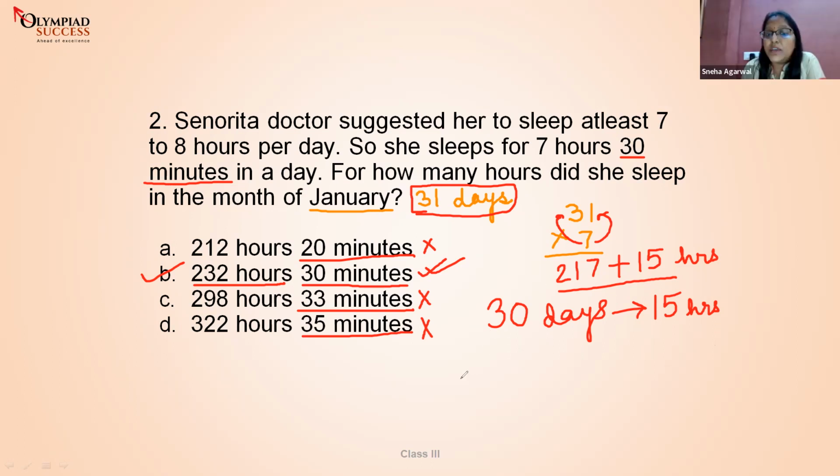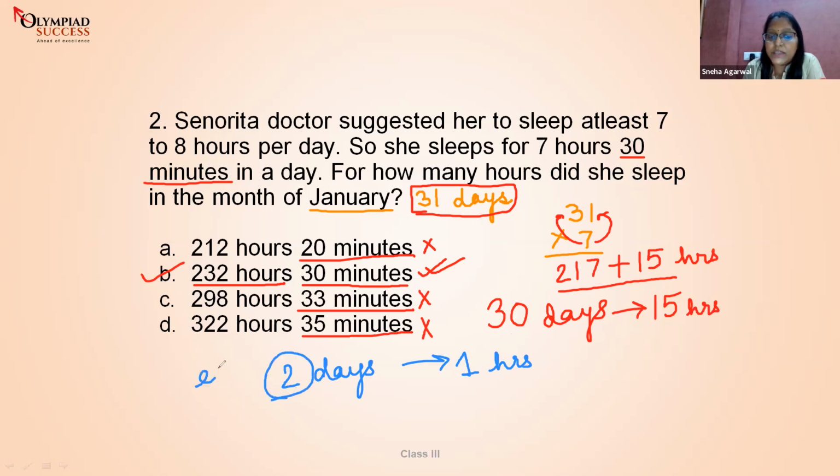Okay. See, if you take 2 days, if you combine 2 days, 30 minutes plus 30 minutes makes 60 minutes, right? That means it is your 1 hour, right? So now you have 30 days, which is an even number. And 2 is also an even number.